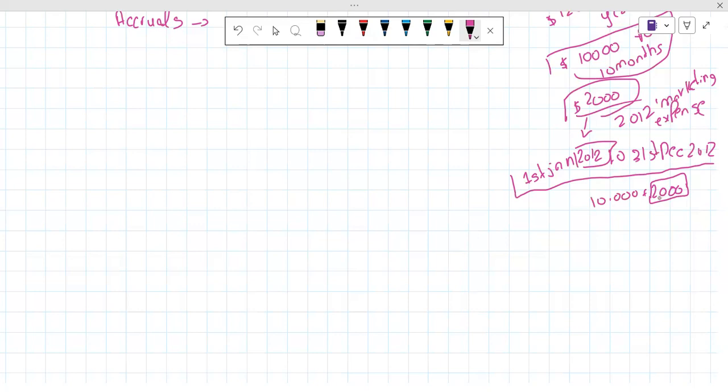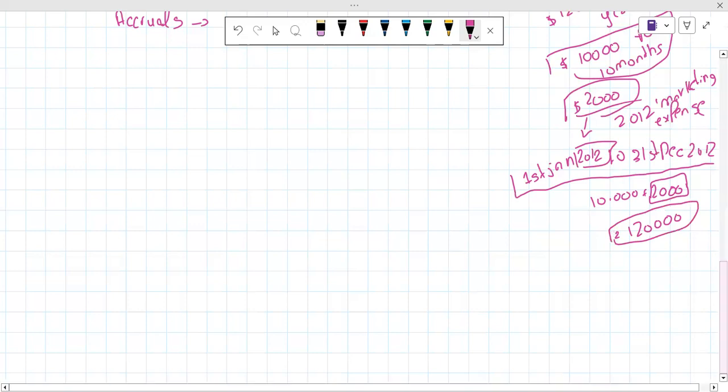It is a rule that we have to add all expenses which are related to that specific year. So it means that $12,000 would be added into the 2012 profit and loss statement.